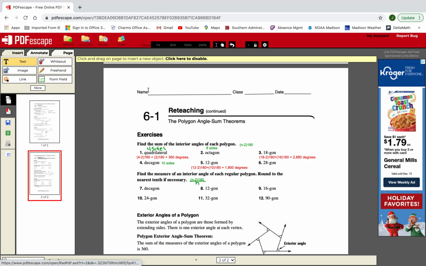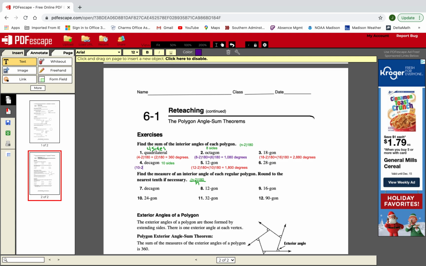All right, let's choose another Christmassy color. Let's go with purple. Okay, so in an octagon, we have 8 sides, so 8 minus 2 times 180 equals 6 times 180, which equals 1,080 degrees. Okay.